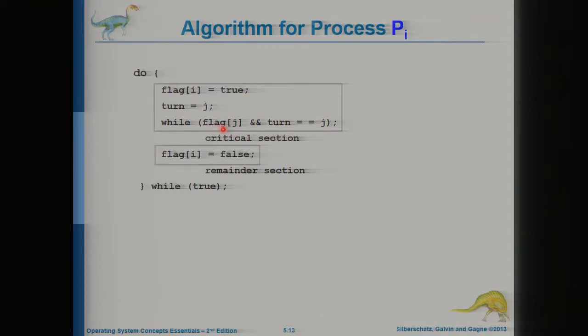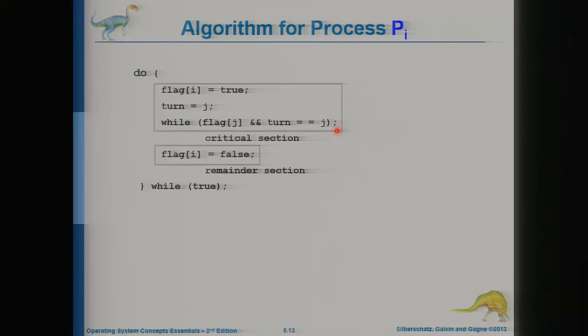If it is true, that means that process wants to enter into the critical section, so we say let it finish the execution. Till then, we are going to wait here. The while loop here with a semicolon indicates that it is looping and doing nothing. It is just waiting till the other process finishes its critical section execution. When the other process finishes its critical section execution, only then will the flag of that process be made false.